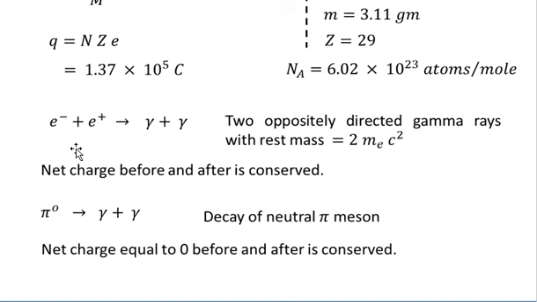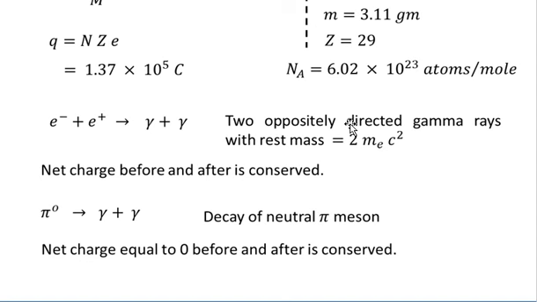Now let's consider an electron with charge minus e and a positron with charge plus e. These two are opposite charges, anti-particles of each other. Electron and positron have the same mass but opposite charge. When these two are combined, annihilation will take place and two gamma rays are created.